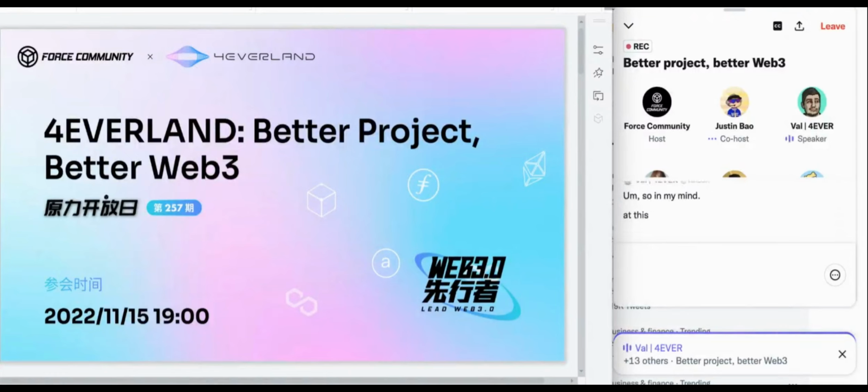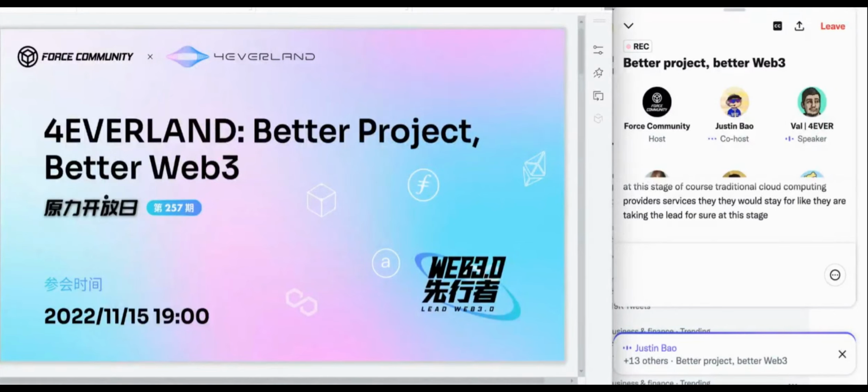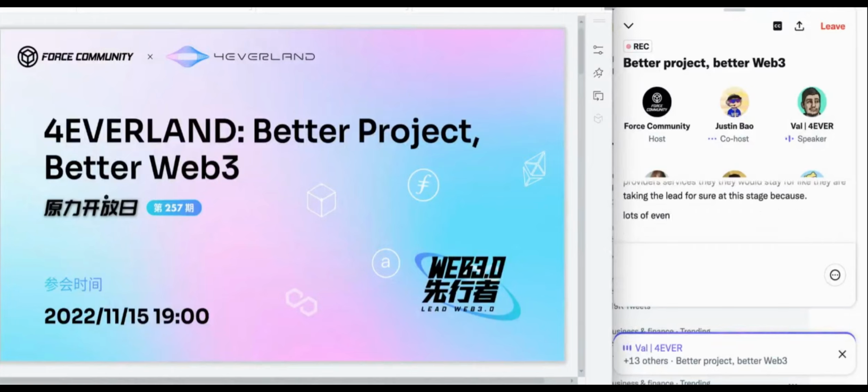In my mind, at this stage, of course, traditional cloud computing providers are taking the lead, because even in the Web3 industry, lots of people still do not understand.